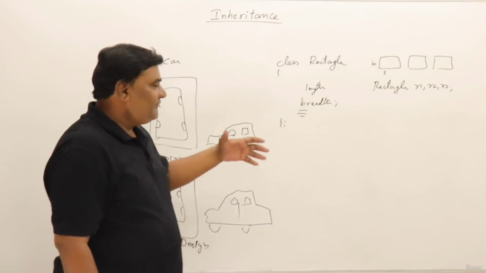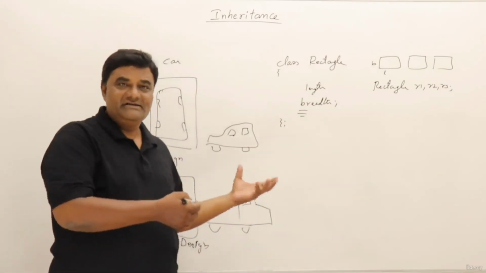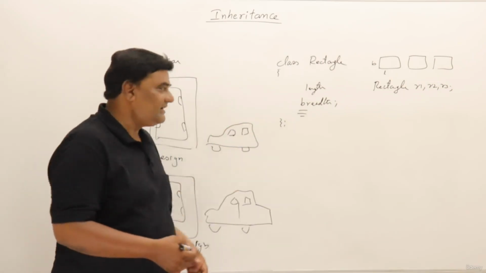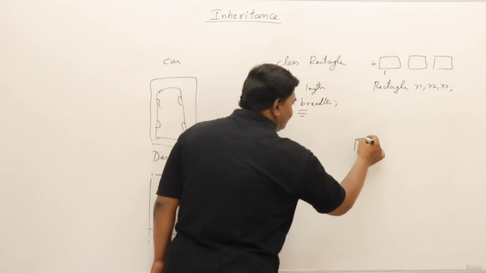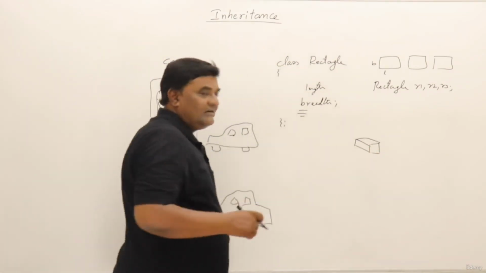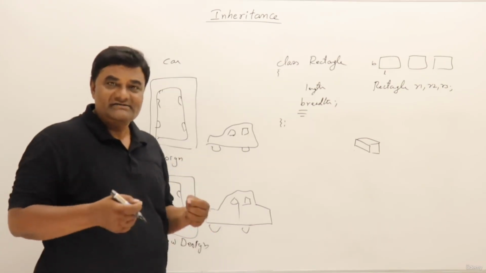Now we want to write another class which is having the same features as rectangle. So we don't have to rewrite the code that was already there in rectangle. I can simply write a class. Suppose I want to write a class for a cuboid. Cuboid is nothing but a rectangular shape only, but it also has one extra dimension, that is height.